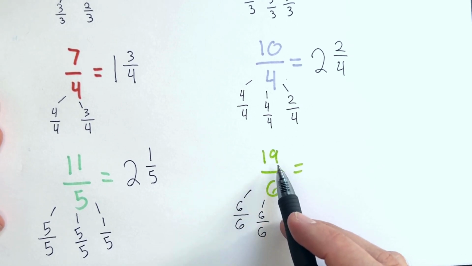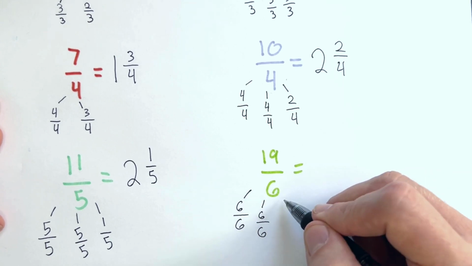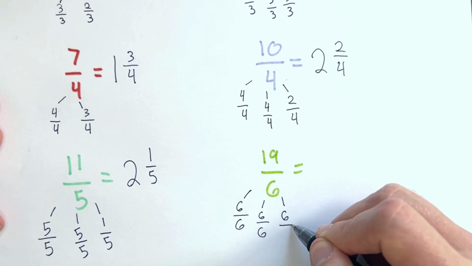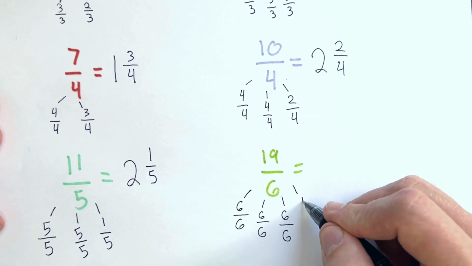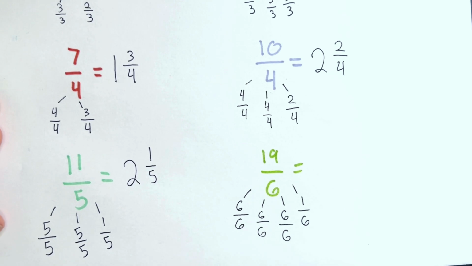Let's take another group of 6 out. 6, 12, 18. I'm really close. I can't take out another group of 6 over 6. I just have 1 sixth left over. So this would be 6, 12, 18, 19. See how they all add back up to get to that top number?